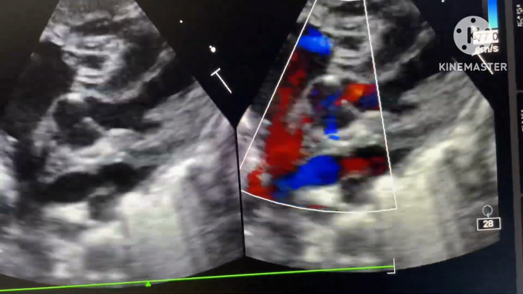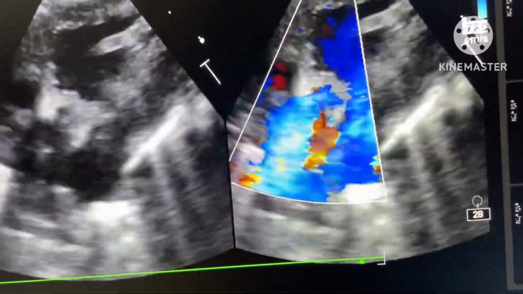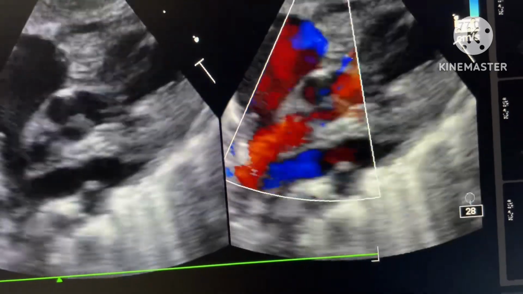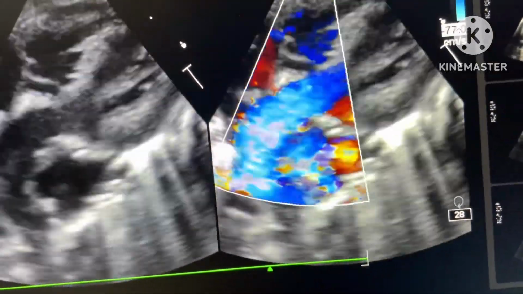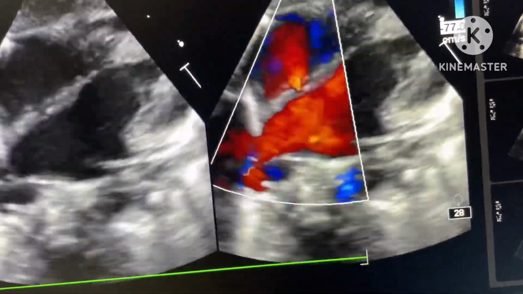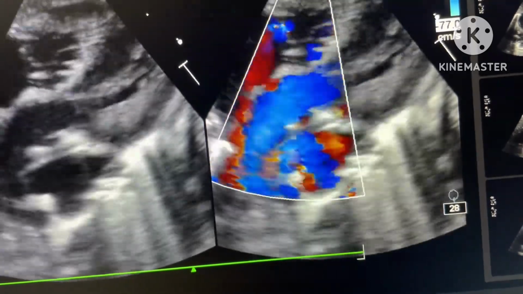There is PFO also. As the pressure on both sides, that means pressure within pulmonary artery and within aorta, is almost equal, no significant flow happens between these two structures, aorta to pulmonary artery. You can say bidirectional flow.